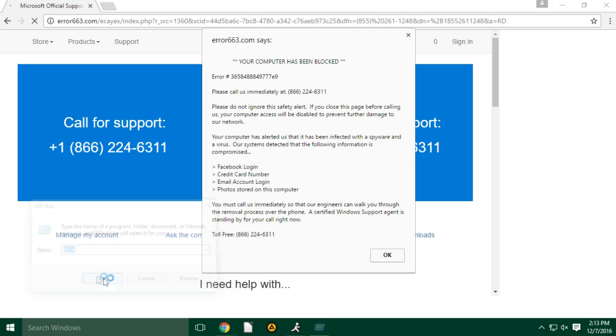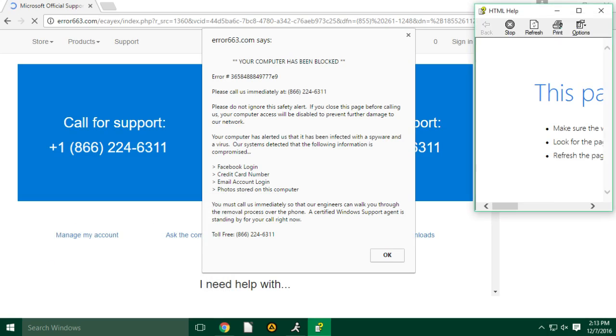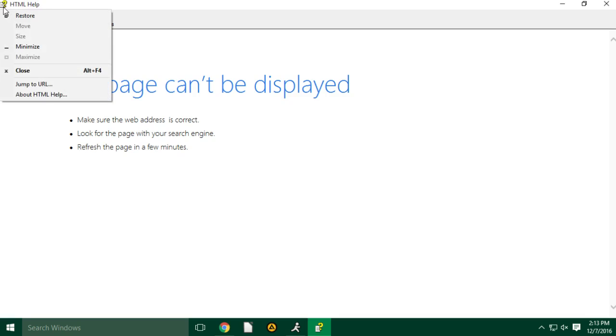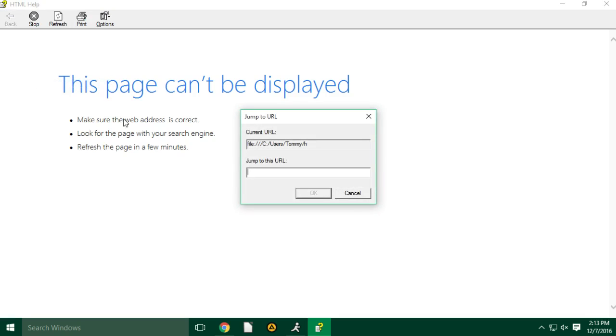And then tell me what happens after that. Okay. Oh, it says, HTML help, this page can't be displayed, and it's got like these bullet points down here. Okay. Great, so do you see that yellow question mark in the top left corner? Yeah, next to HTML help.